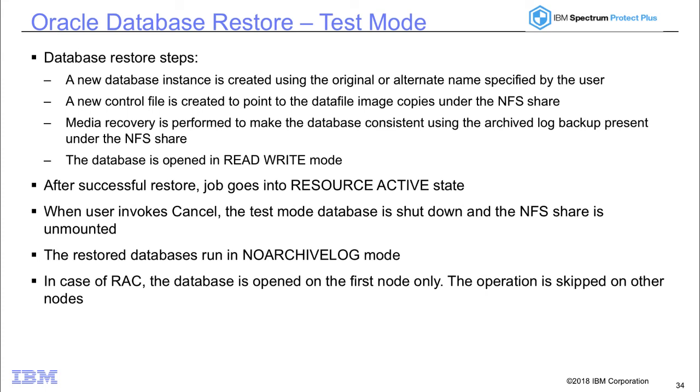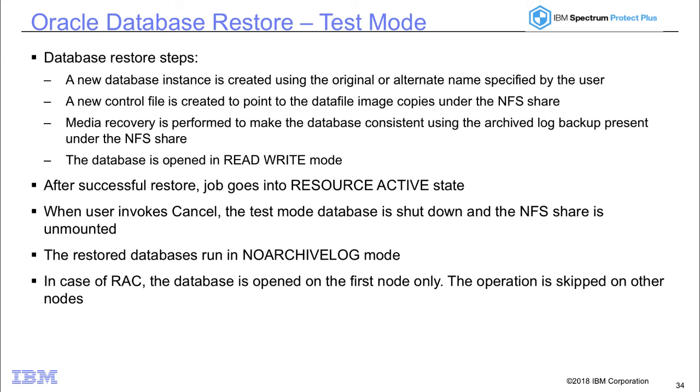A new control file is going to be created to point to the data file image copies under the NFS share, and media recovery is performed to make the database consistent using the archive log backup that you have on the NFS share. And then once you do that, the database is going to be opened in read-write mode.